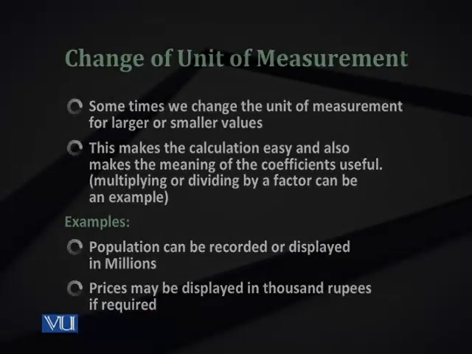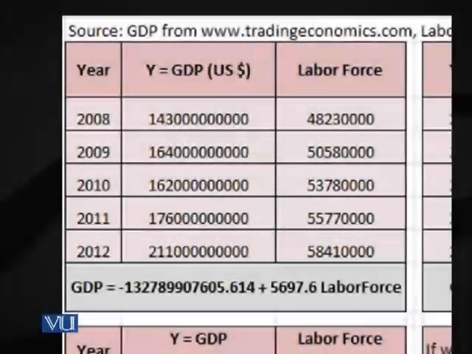So in this case, we can divide or multiply the observations of the variable by a factor, and the regression intercept and slope may change. We'll see how the change in the unit of measurement may affect the regression coefficients.